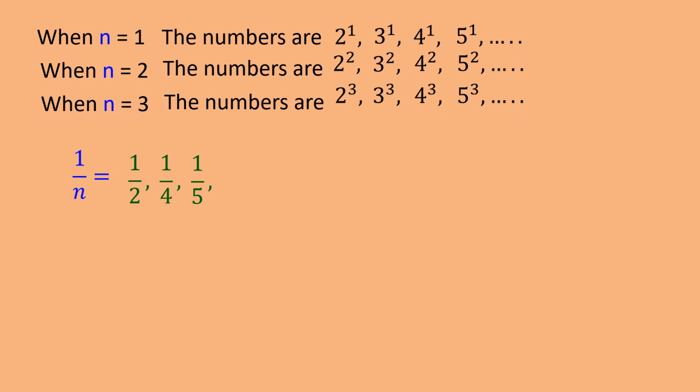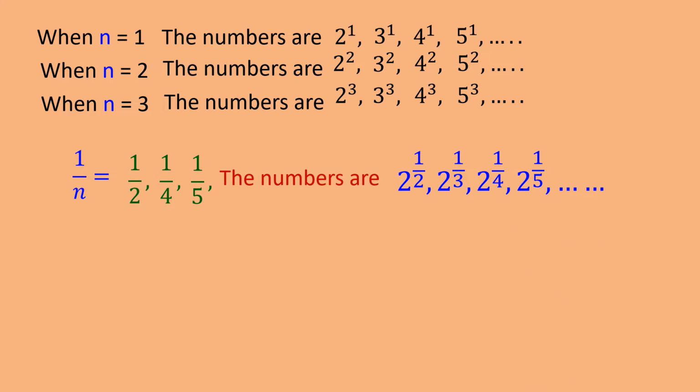For example, 1 upon n could be 1 upon 2, 1 upon 4, 1 upon 5 and so on. Then what will the numbers become? The numbers are 2 raised to 1 upon 2, 2 raised to 1 upon 3, 2 raised to 1 upon 4, 2 raised to 1 upon 5 and so on.